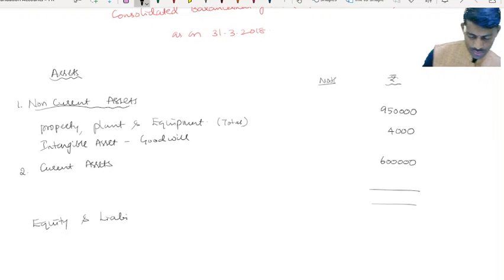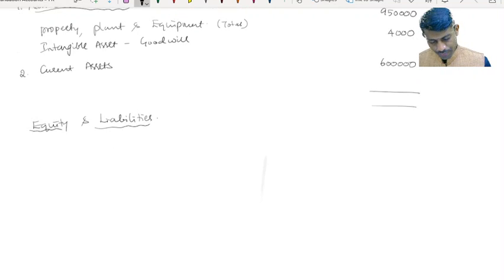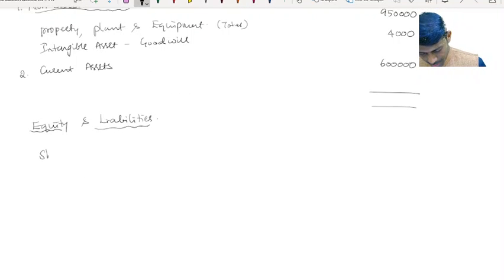Very good, Arun. So equity and liability. Under that, sorry, shareholders' fund. Under shareholders' fund, first is share capital.